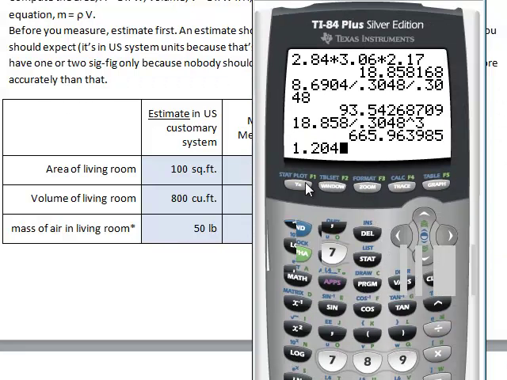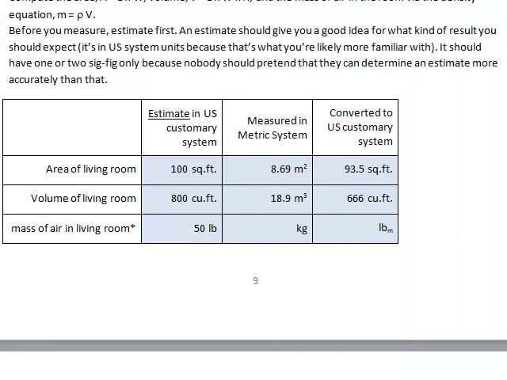1.2041. I better double check. 1.2041, yep.